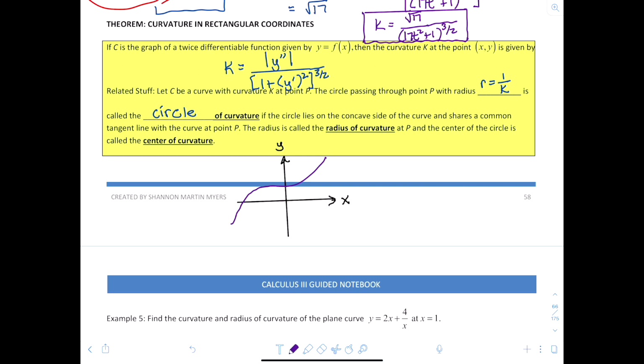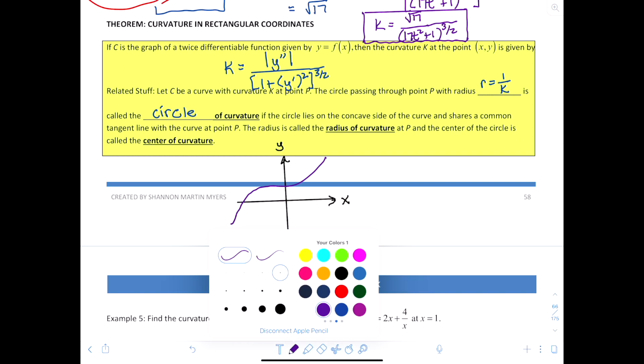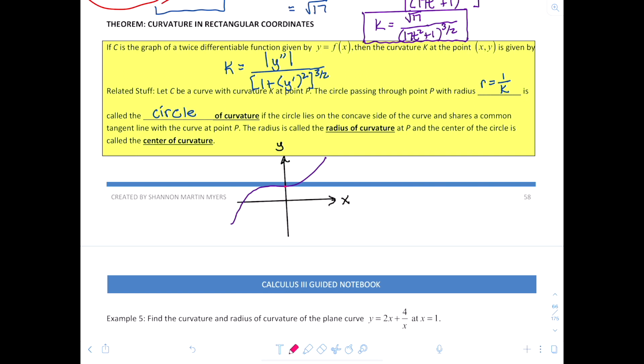So now, if you take a look at this circle, we'll draw a circle here. Love how that works, right? So you've got this circle of curvature. And actually, let's move it over here so you can really get a feel for it.